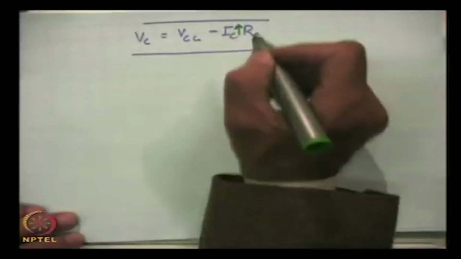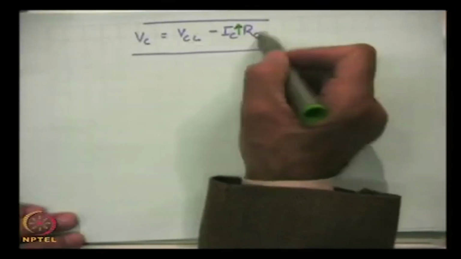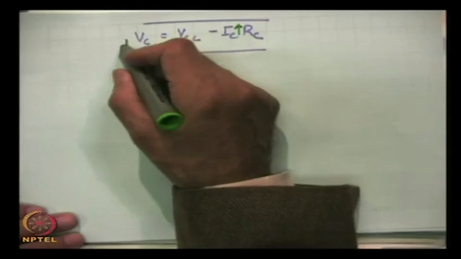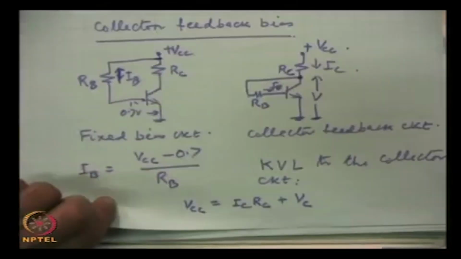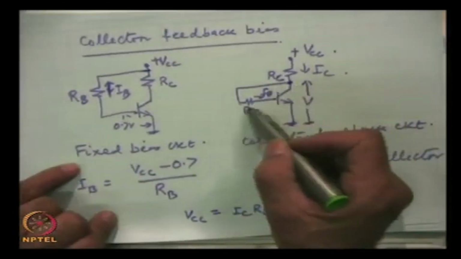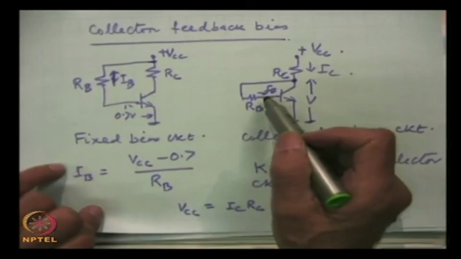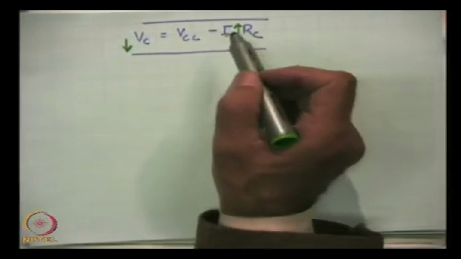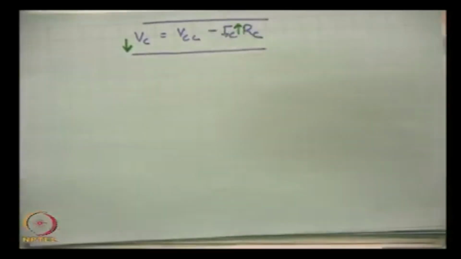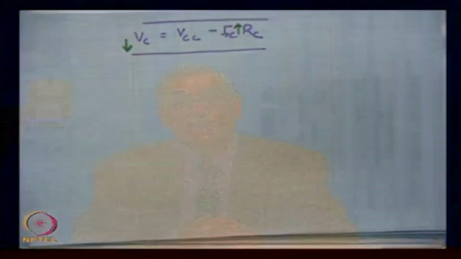And look at here, for any reason if IC rises, this term will fall and VC will go down, and this VC in this circuit will send a smaller base current, and that will take care of the rise in collector current. It will check the rise in the collector current, and this way the stability will be achieved.